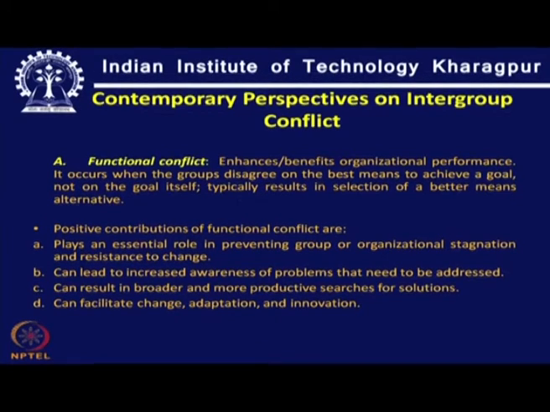Some of the positive contributions of functional conflict are: it plays an essential role in preventing group or organizational stagnation and resistance to change. When there is functional conflict, people know that things are about to change, and that things may not always be accepted the way we think is best.